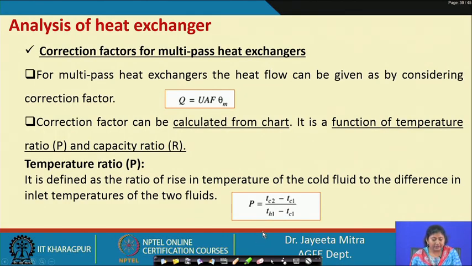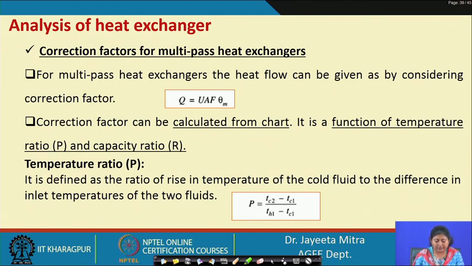Now, another thing is correction factor for multi-pass heat exchanger. So, you might be remembering that multi-pass heat exchanger, we mostly use this one in shell and tube cases, where one shell pass, two tube pass, or two shell pass, four tube pass, and different configurations we handle.